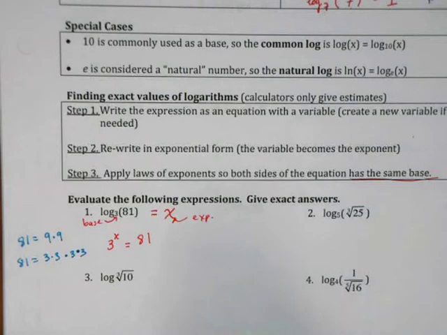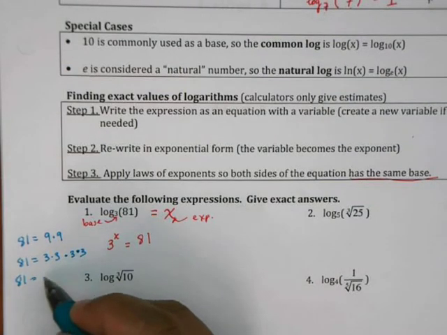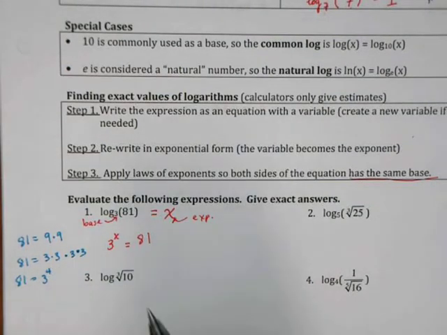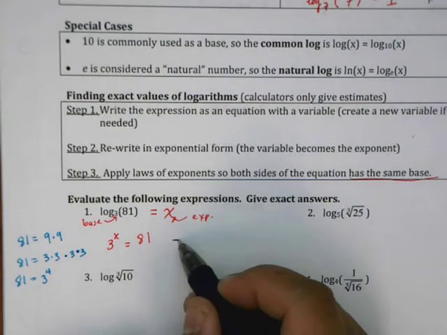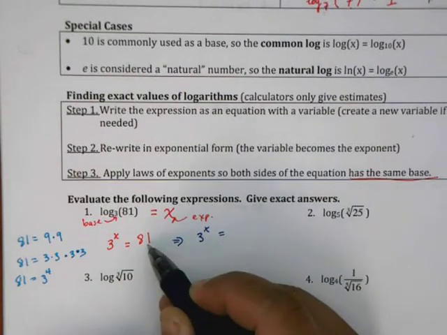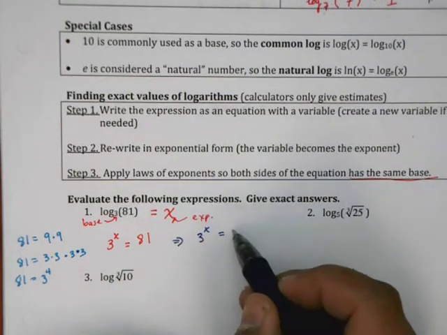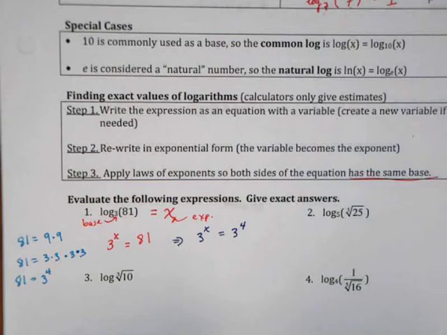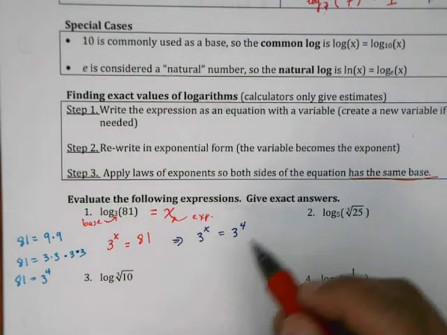In other words, 81 is really 3 to the 4th. So now I can apply that to this equation: 3 to the x is equal to 81, but that's really 3 to the 4th. Therefore, x has to be equal to 4.